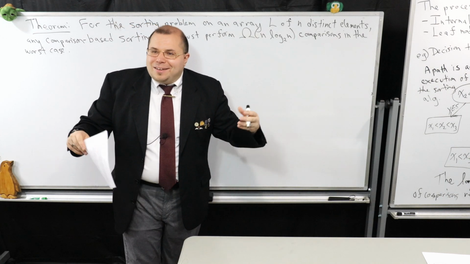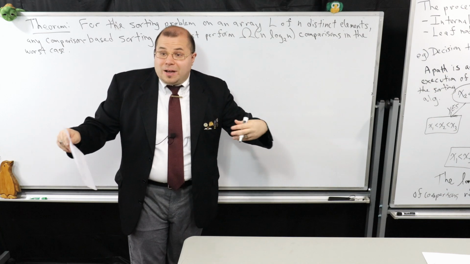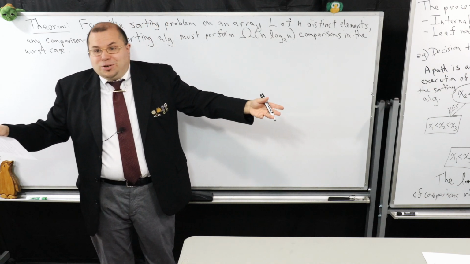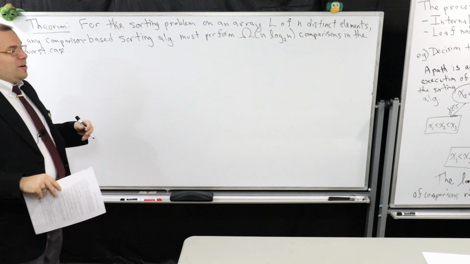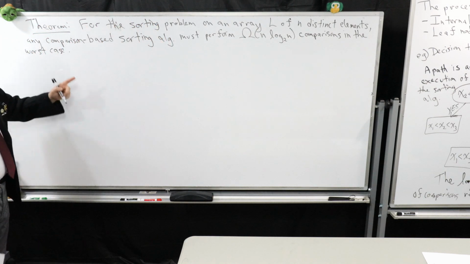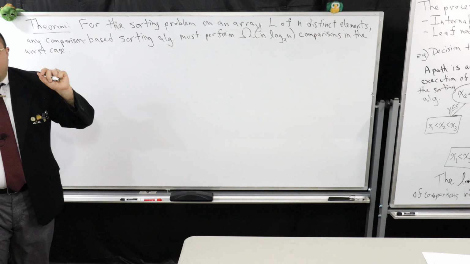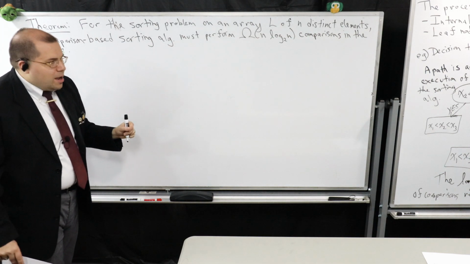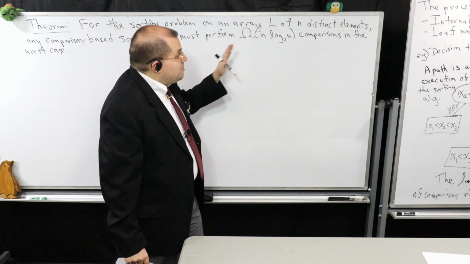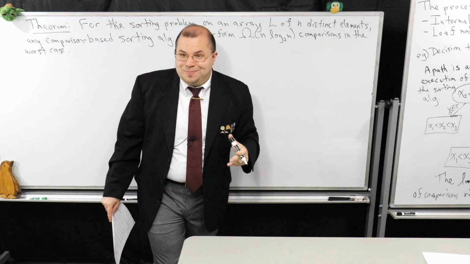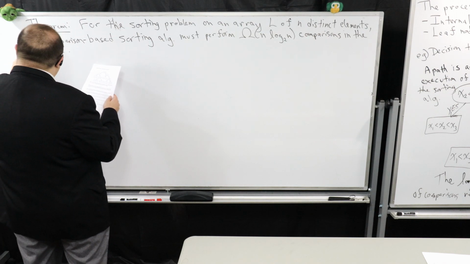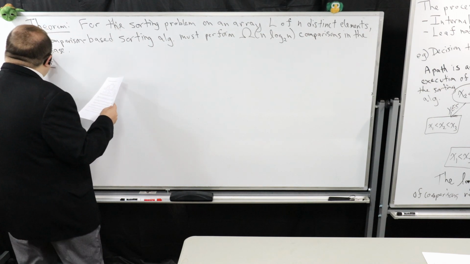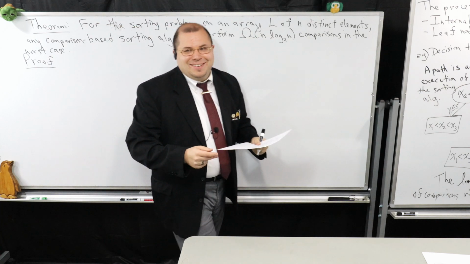For any comparison-based sorting algorithm, if I assume the elements are arbitrary, as in my model where I make very few assumptions, then if you give me a big theta n log n time sorting algorithm, it's going to be the best possible you can do. Isn't it kind of neat? So I'm going to give you a proof, and you're going to be very shocked to see how simple this is.